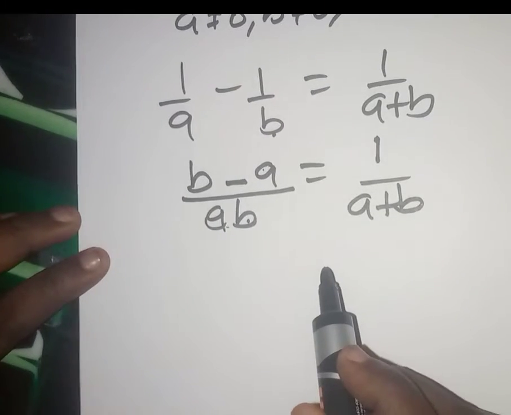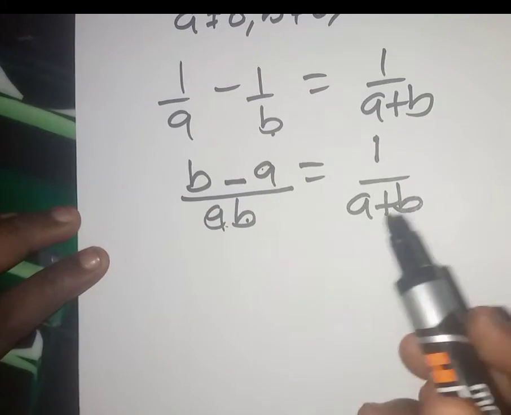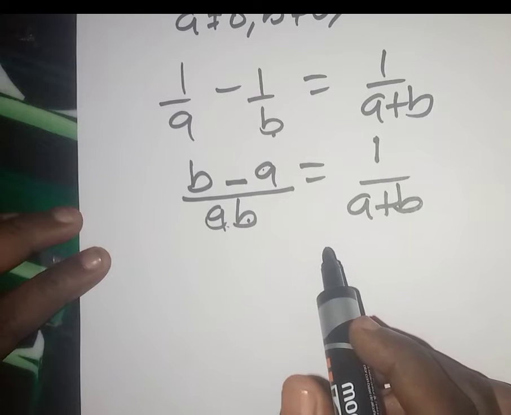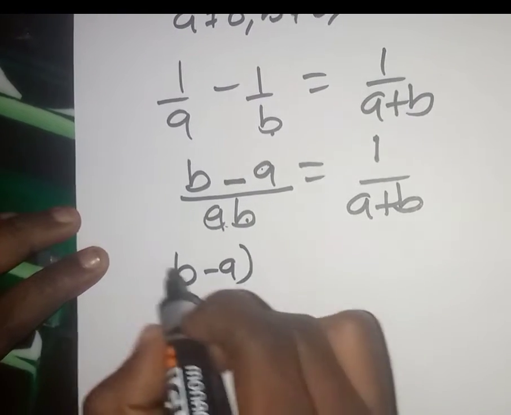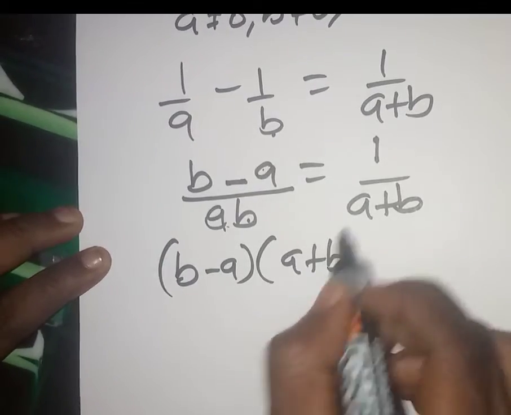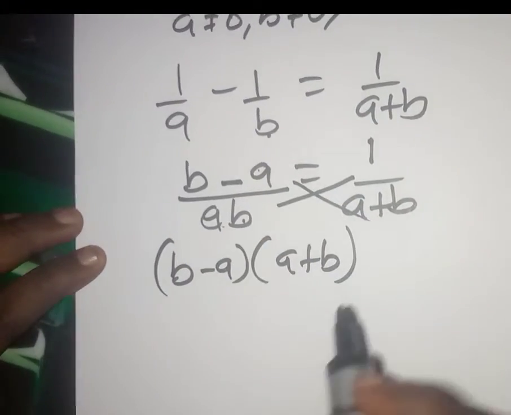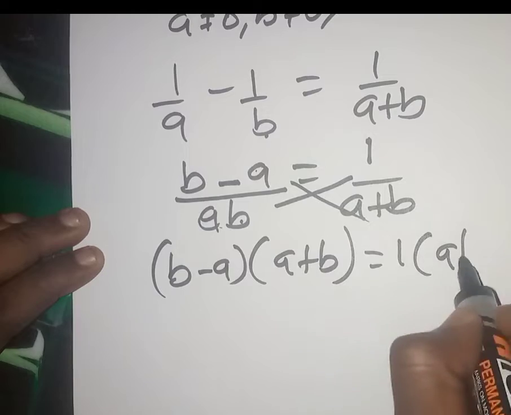Now from here what we can do is to go ahead and cross multiply from this portion, so we have b minus a multiplied by a plus b. Basically we are cross multiplying, being equal to 1 multiplied by ab.